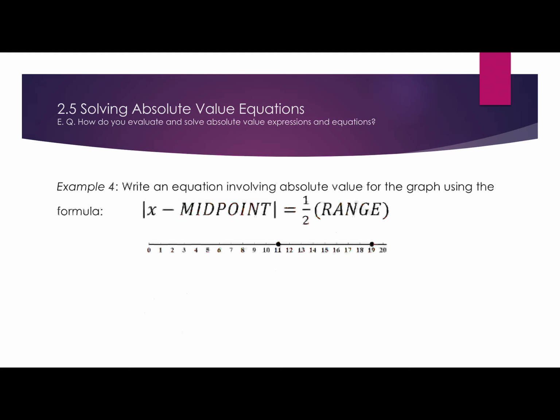So the formula says I have my x value, and that's always going to be x. I want to subtract the midpoint, and that will be equal to half the range of the ordered pairs on my number line. So for this problem, my numbers are 11 and 19. Those are my endpoints. So we have to first find the midpoint.